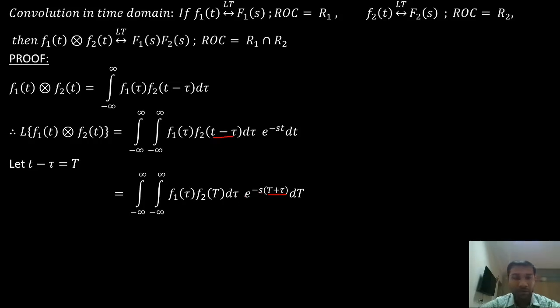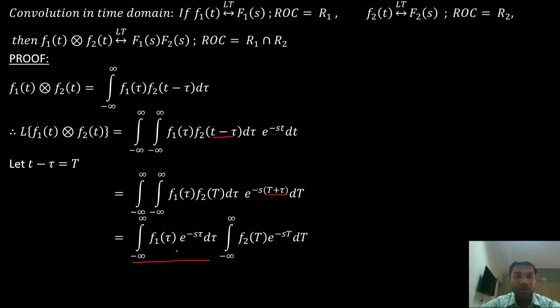Whatever is left I put in the second integral, that is f2 of capital T e power minus s capital T d capital T. What is this first term? It is the Laplace transform of f1 of tau, or of f1 of t, it is the same: F1 of s.